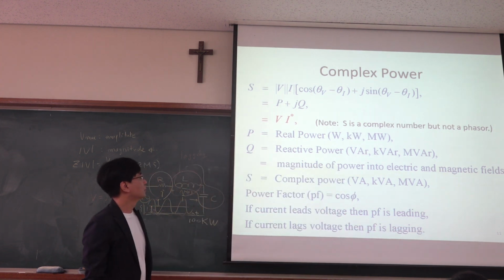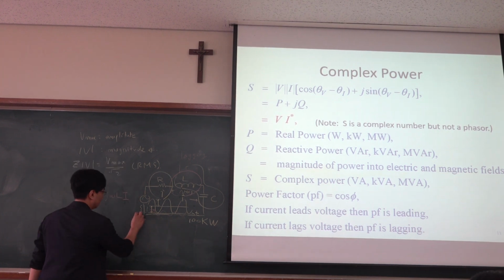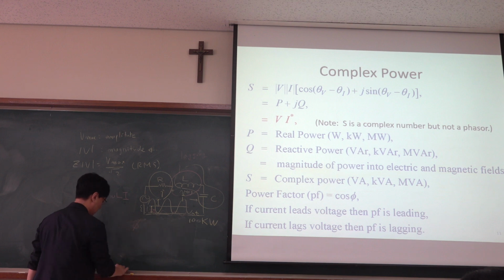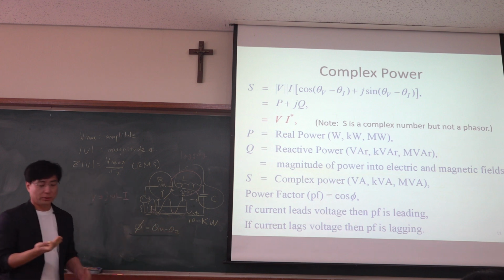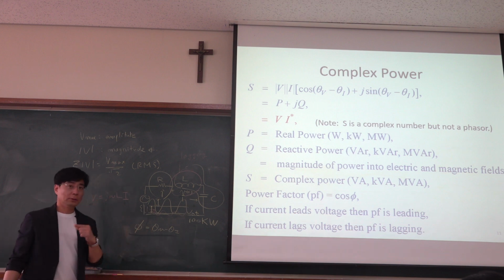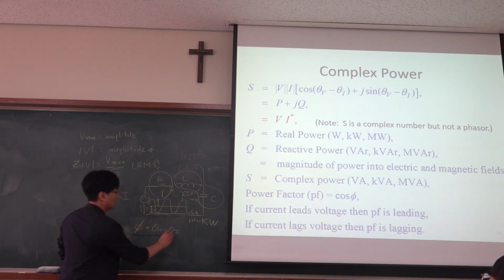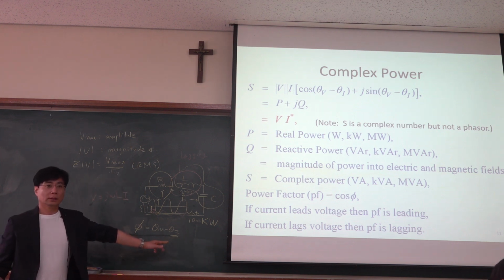And why is it called lagging? Because this angle is theta v minus theta i, and it comes from the definition of complex power. The reference angle of phi is with respect to current, right?